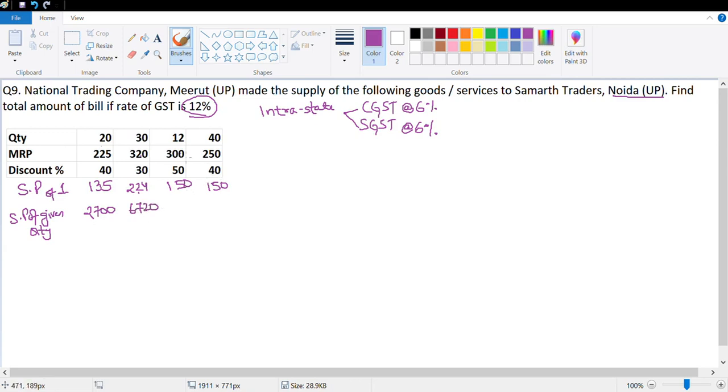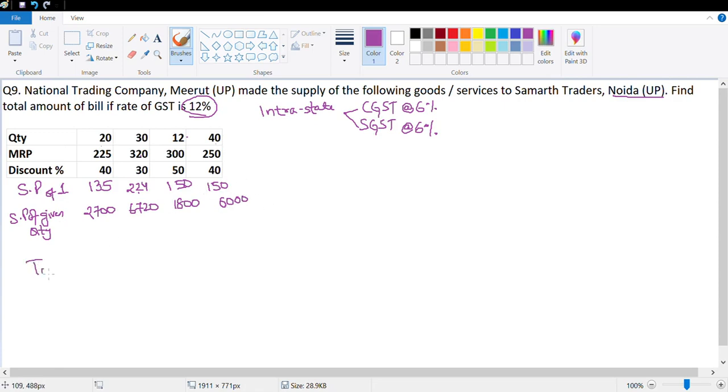In this case, 150 into 12, that's 1,800. In this case, 150 into 40, that's 6,000. So SP of the given quantity is so much.